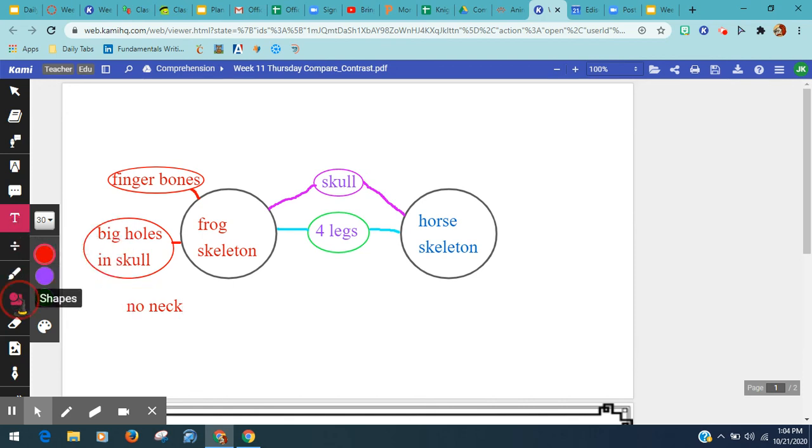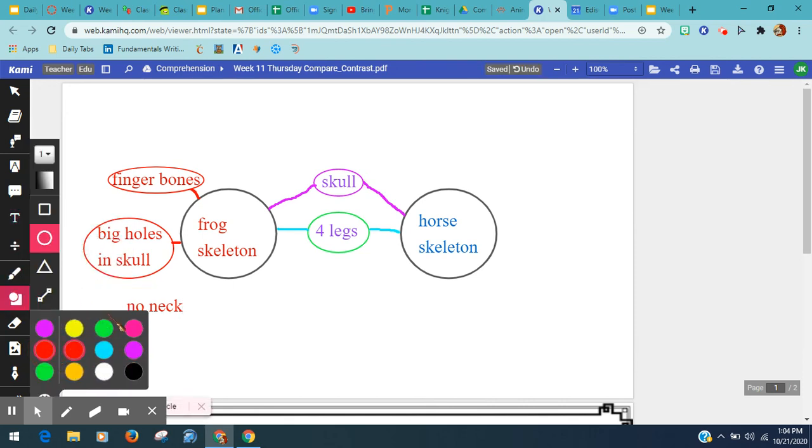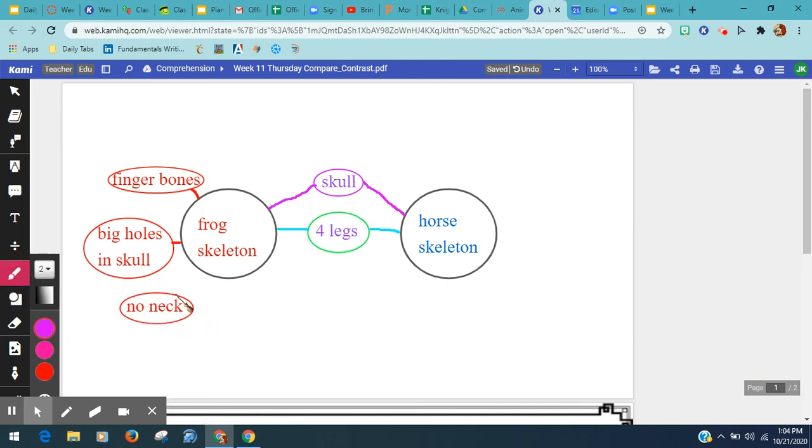Put a bubble around that, and connect it just to my frog. I want to change that to red. That's just me being picky. I don't have to use color. I could do the whole thing in black if I wanted to.